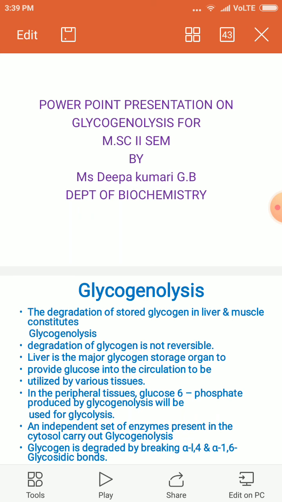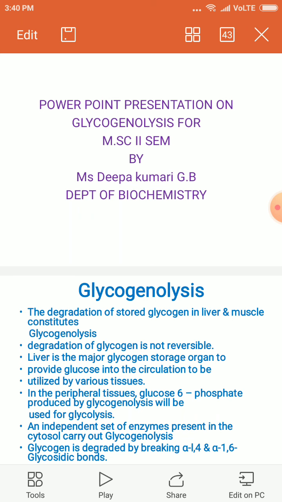Especially in the peripheral tissues, you can see this glucose 6 phosphate molecule, which is produced by the glycogenolysis, will be used up for the glycolysis process. Of course, glucose 6 phosphate is the intermediate of glycolysis. An independent set of enzymes are going to be present in the cytosol to carry out this glycogenolysis process.